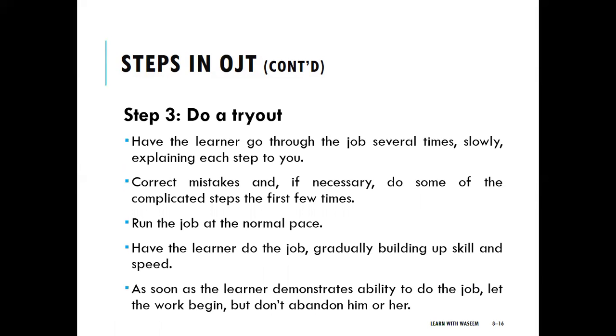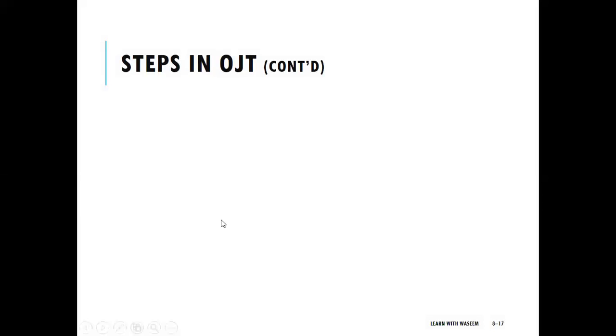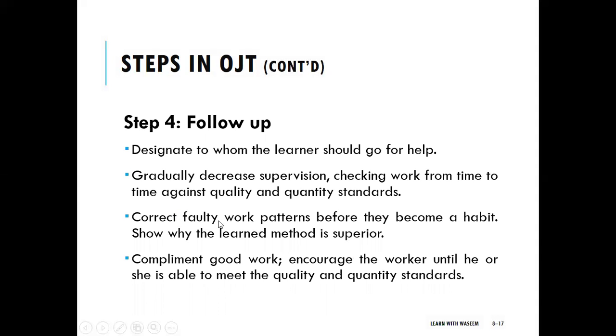Have the learner do the job, gradually building up skill and speed. As soon as the learner demonstrates ability to do the job, let the work begin, but don't abandon him or her.